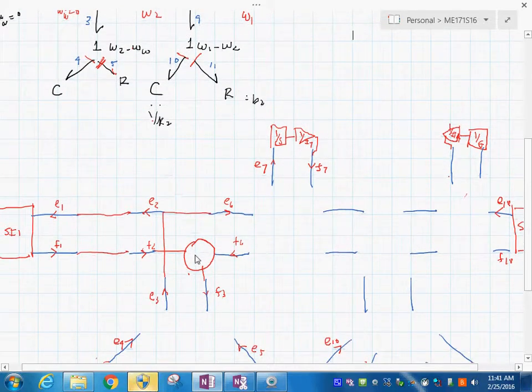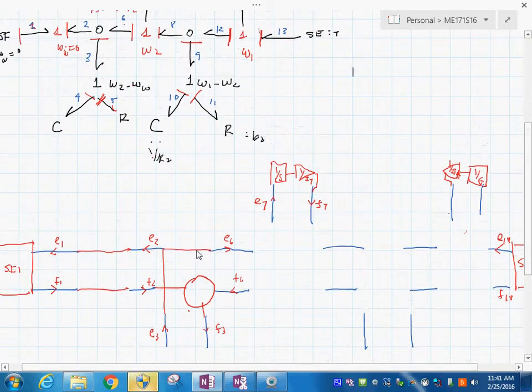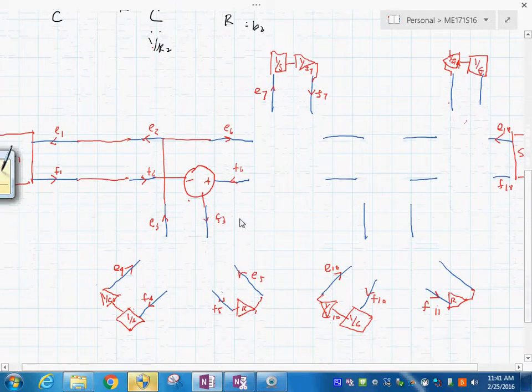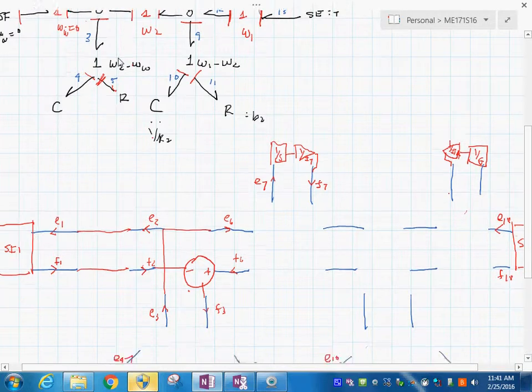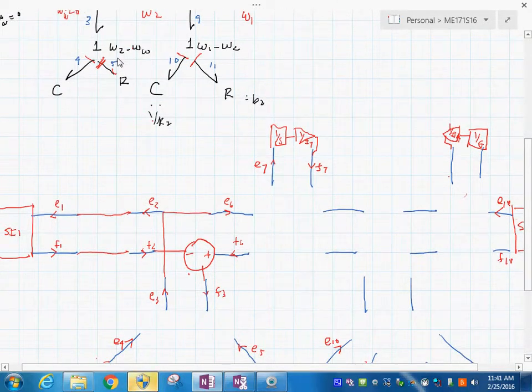But the efforts will have to sum. So we draw the summation over here, and then you have to see how is the equation of this. The equation, the way it's written here, says that E sub 3 is equal to E sub 4 plus E sub 5.